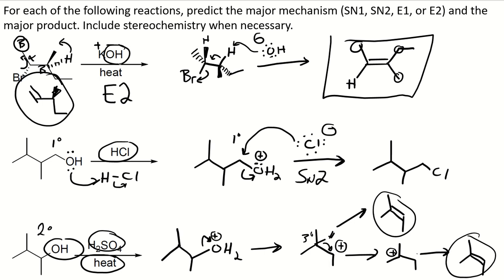And so then we get the carbocation, we do our hydride shift, and then we do our elimination where we remove an adjacent hydrogen, forming our double bond. For this one, again, it didn't matter whether you did the hydride shift or not, you'd get the same product.